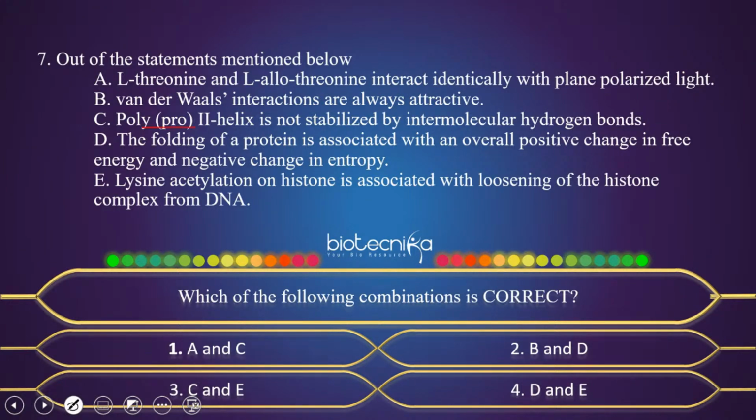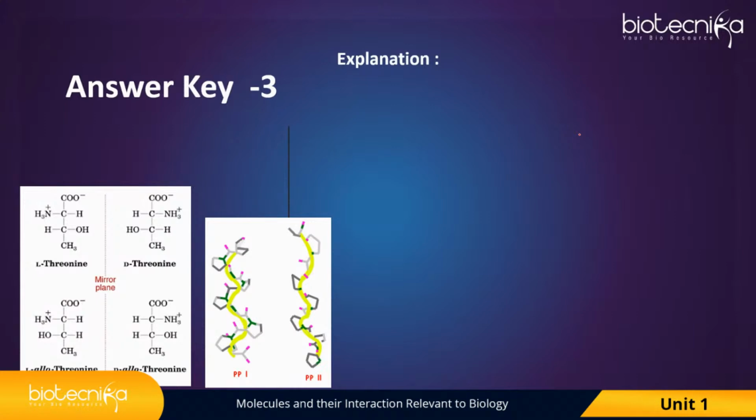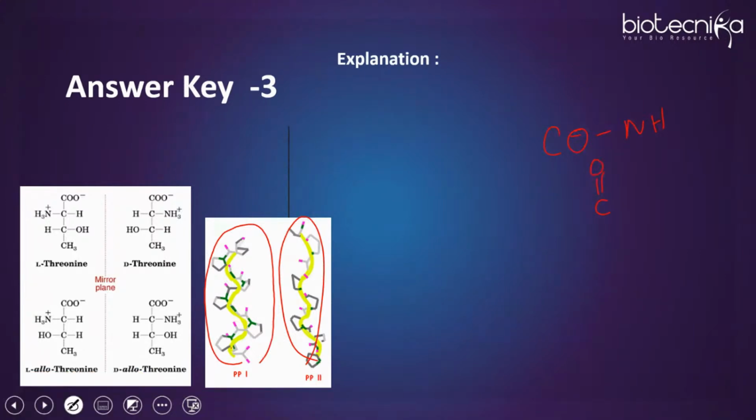See, polyproline 2 helix is not stabilized by intermolecular hydrogen bonds. If you see the polyproline helix, this is how it looks. Proline, other amino acids, they will have the peptide bond as CONH. You will have C double bond O and you have NH. This is the bond that other amino acids will have between them. But when a proline is involved, the bond before that, towards the N terminal, will be only CON.